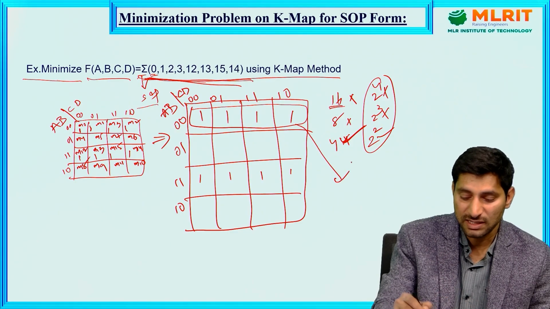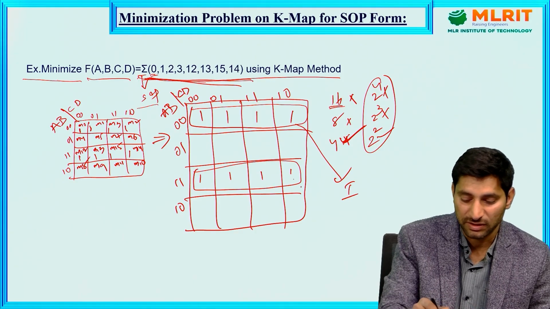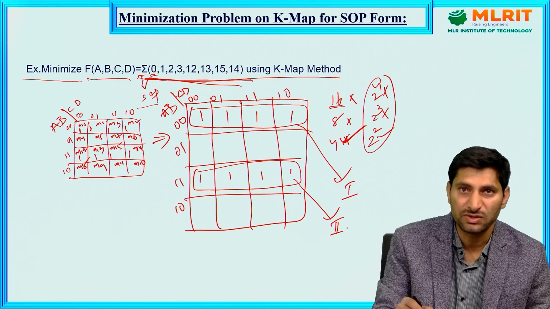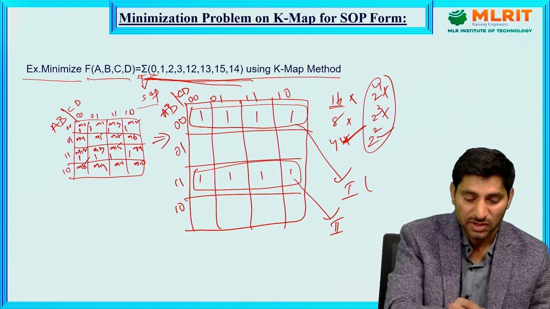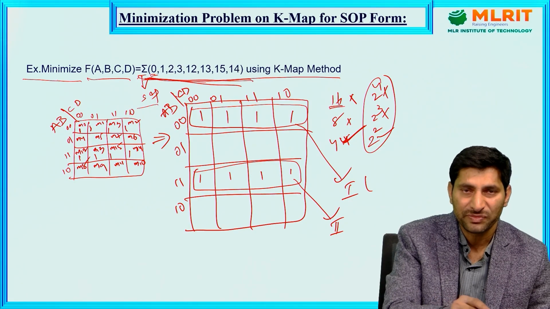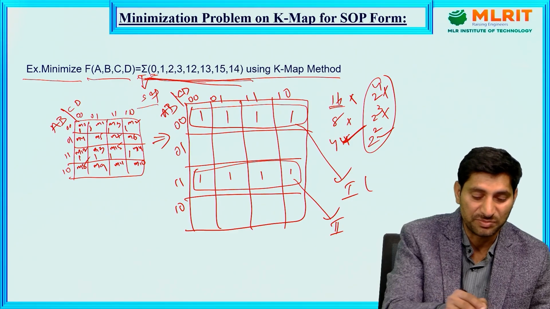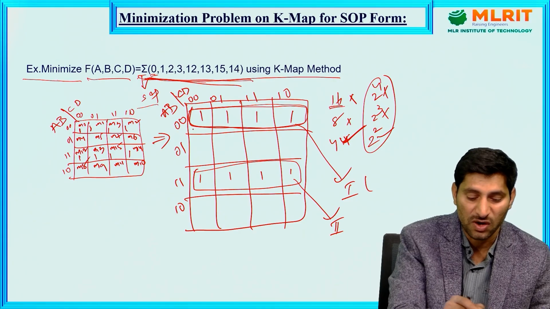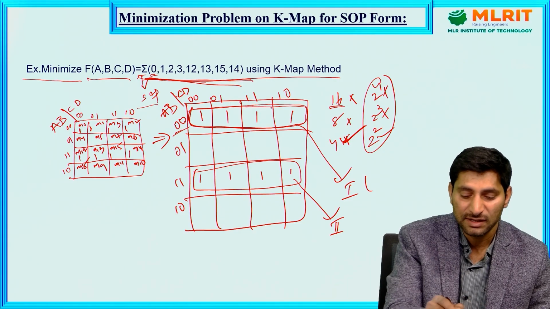Let us say this is the first group. Then next this one, this is the second group. So from this first group, what is the term I am getting here? While grouping, after grouping, we need to see the horizontal and vertical common terms, right? Horizontally I am using 0, 0, which is common for the entire first group.